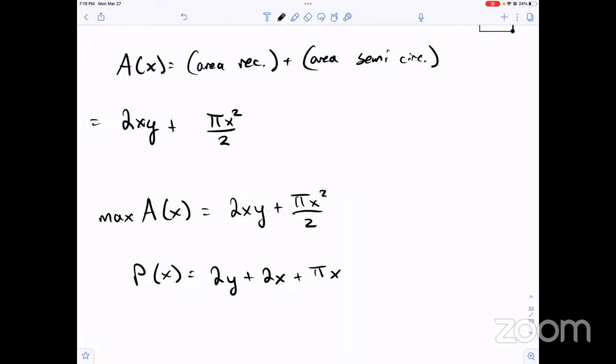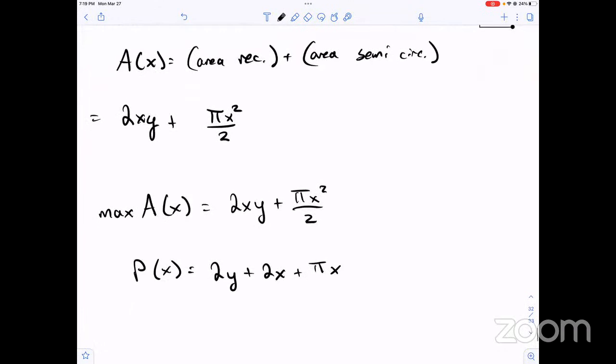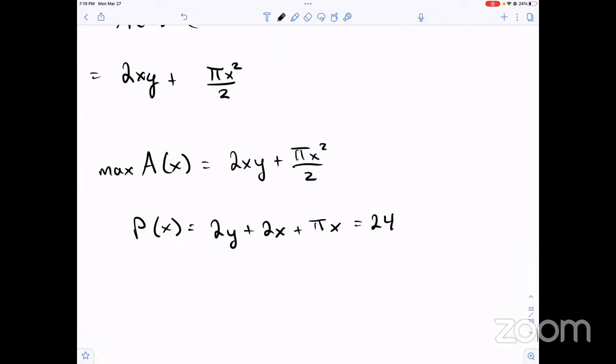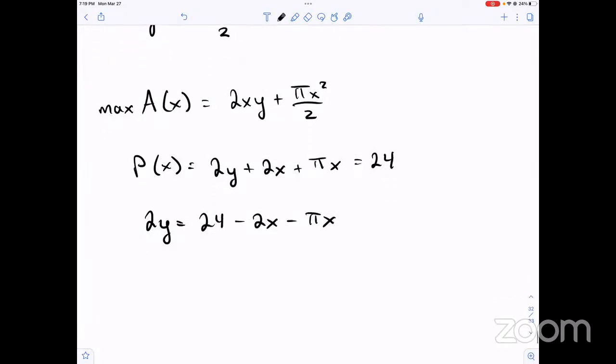And it says that the perimeter is equal to 24 feet. So then what we want to do is get Y in terms of X and then plug that Y into the area, so that way we can get area only in terms of X. So if we solve for Y from the perimeter, we get 2Y equals 24 minus 2X minus pi X. Divide everything by 2.